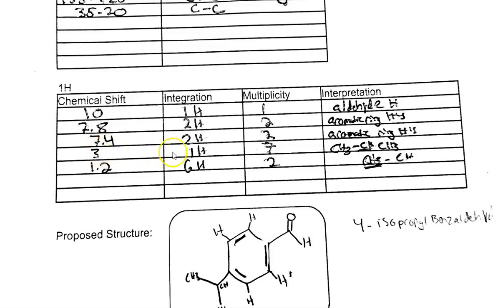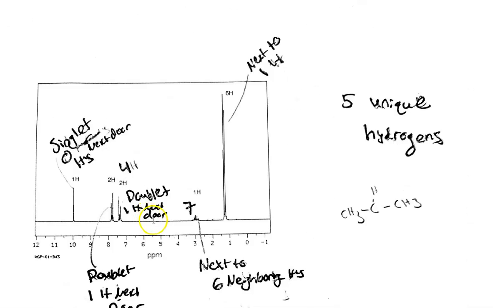And then the 3 here is that one hydrogen. Like I said, that's the CH bonded to CH3. I know this is hard to see in the copy here. And then I have the 1.2. I don't think I mentioned that. Okay, so the 1.2 here has 6 hydrogens, and it's a doublet, meaning it's attached to one hydrogen.